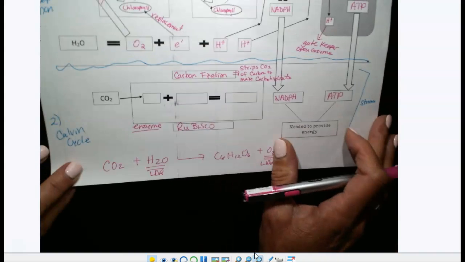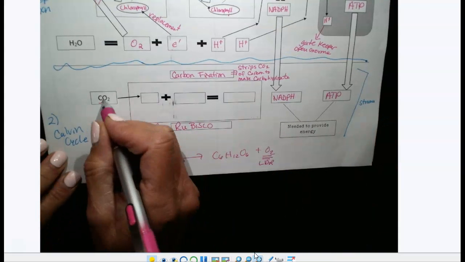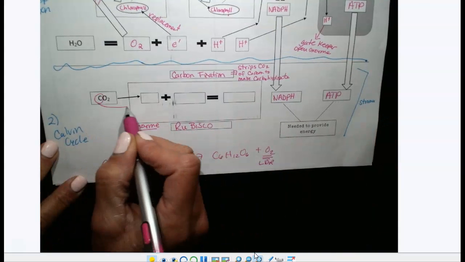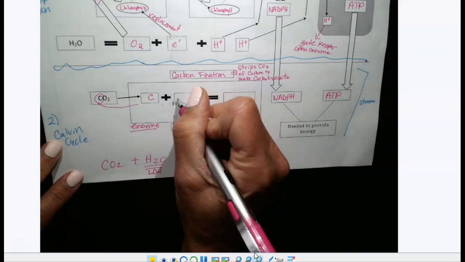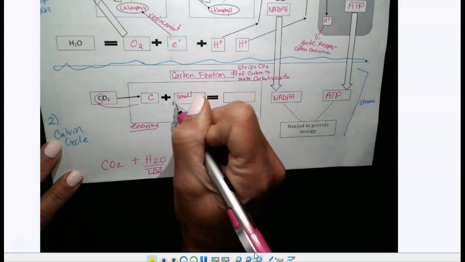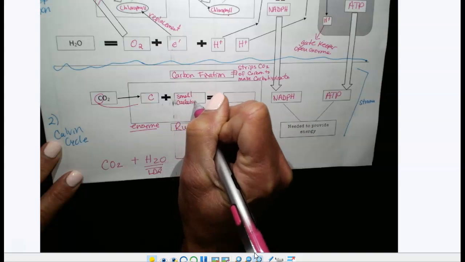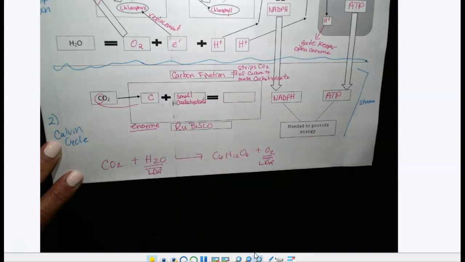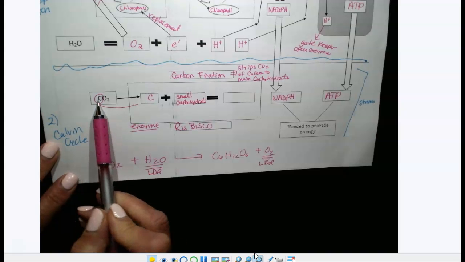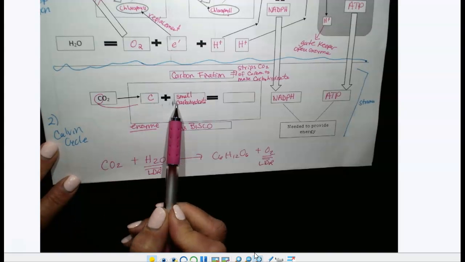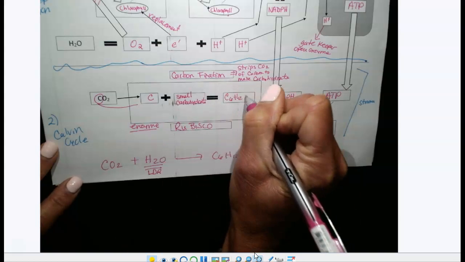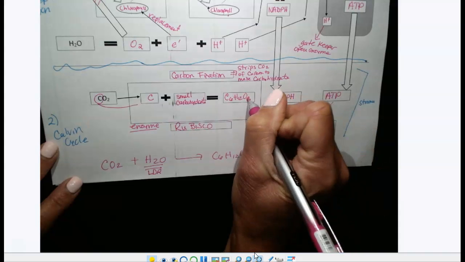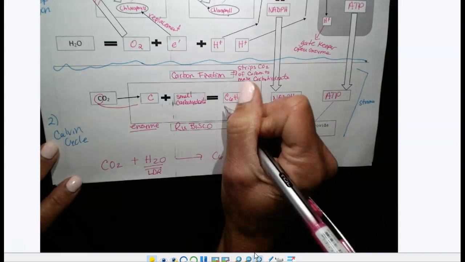Okay, so this is what happens. Rubisco does his job. He takes that carbon and he puts it over here. He's not done. He's going to take that carbon and add it to a very small carbohydrate. So rubisco takes the carbon from the carbon dioxide and adds it to a very small carbohydrate to make C6H12O6, which is our glucose.